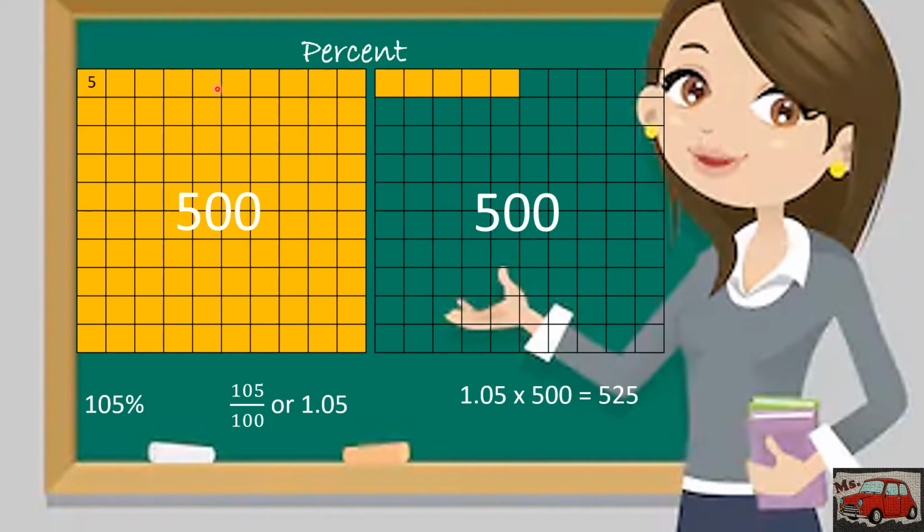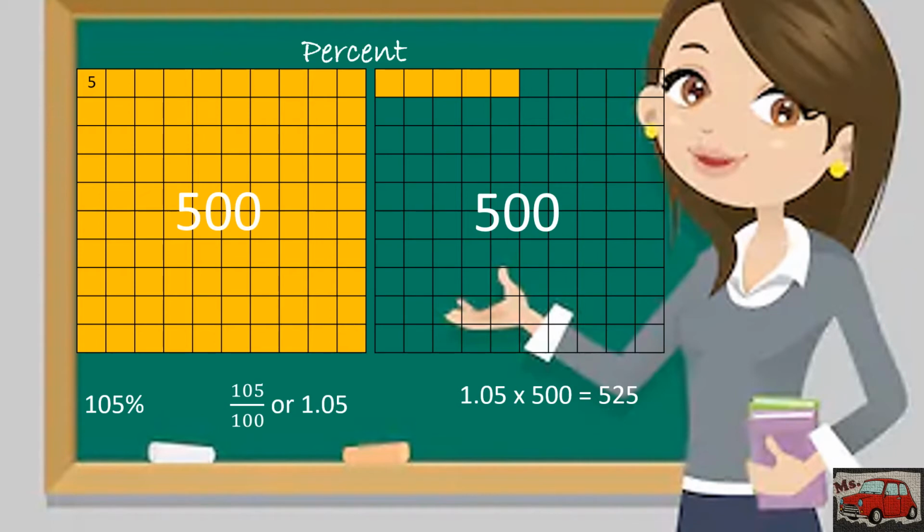So, 500 pesos plus 25 pesos, that is 525. So, that means 105% of 500 is 525. Okay? So, for us to get that, we can first convert the percent into decimal. So, 105 divided by 100, so we have 1.05. Then, this will be multiplied by 500, then we'll get the same answer, 525.